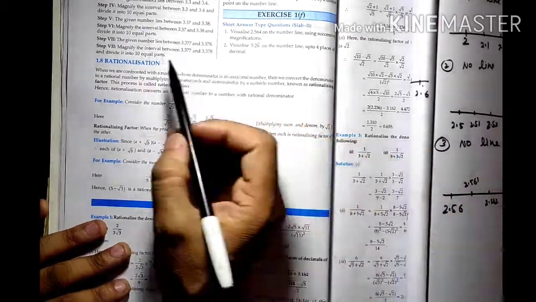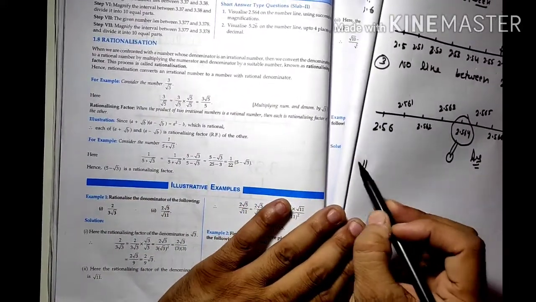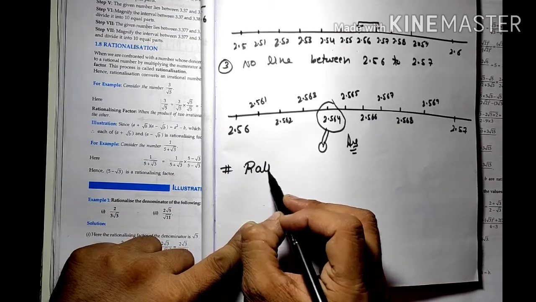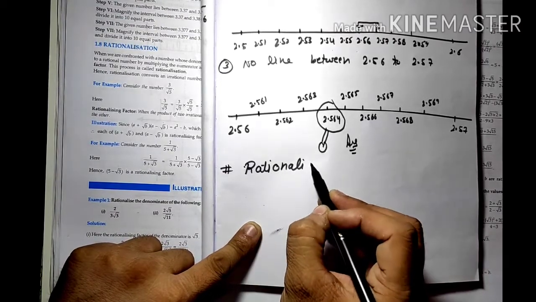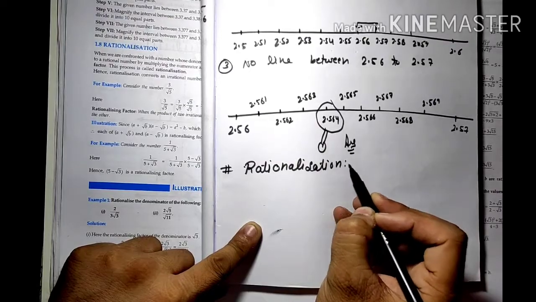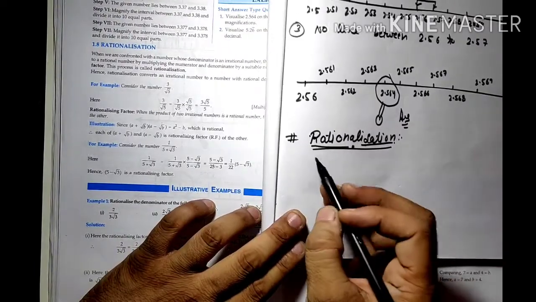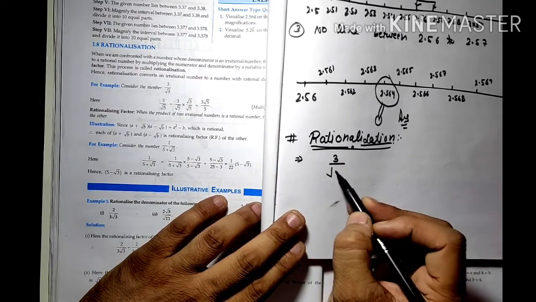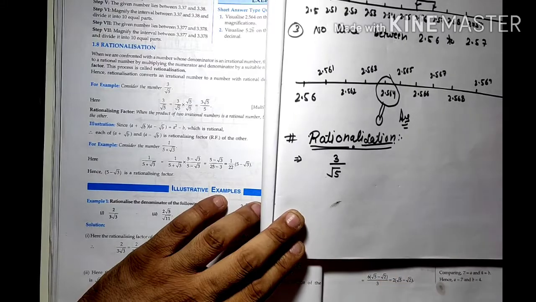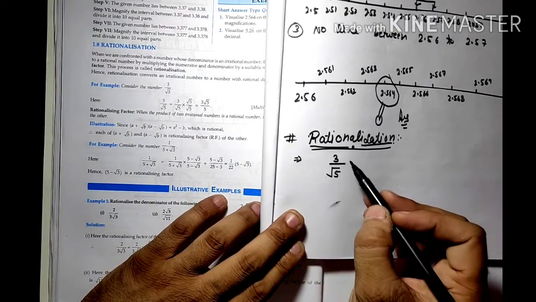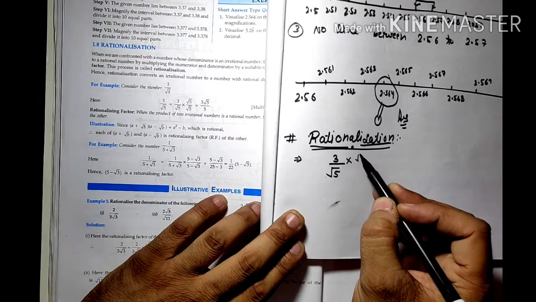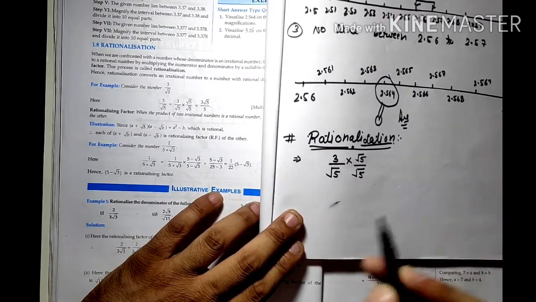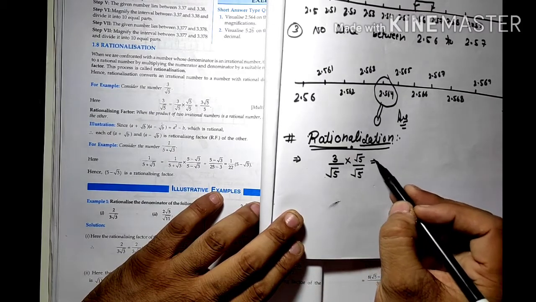So now students, let's move to the next topic, which is rationalization. Rationalization means that if we have an irrational number in the denominator, then we have to multiply by the same number in the numerator and the denominator.